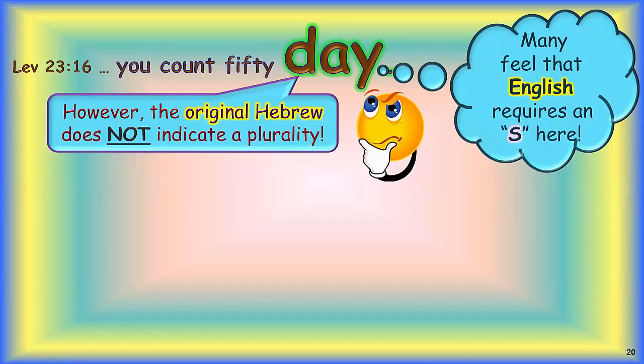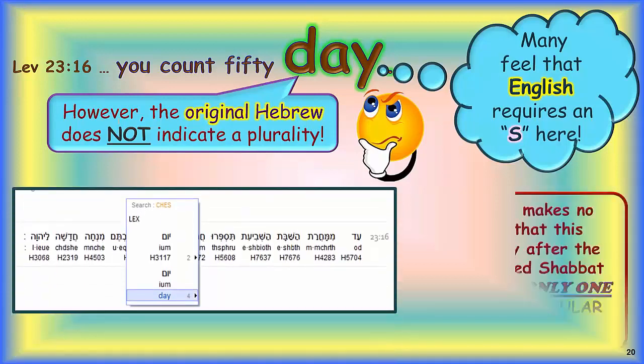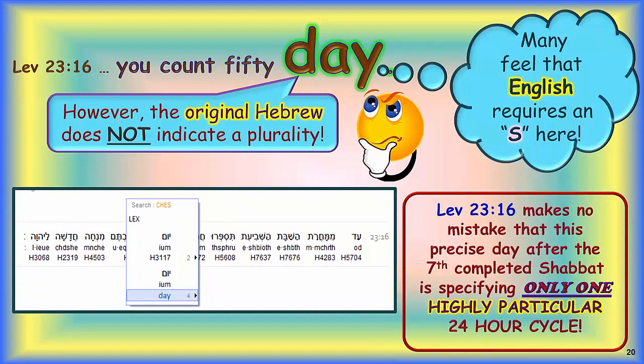It does not indicate that. It is speaking of one singular yom. Leviticus 23:16 makes no mistake that this precise day after the seventh completed Sabbath is specifying only one highly particular 24-hour cycle.